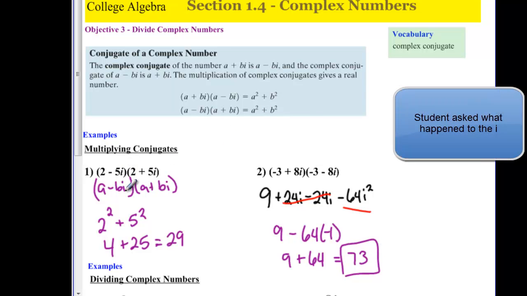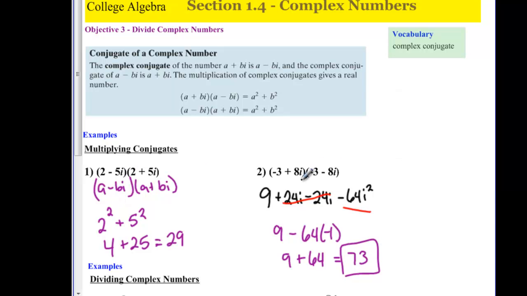So what do you do with the i's? They cancel out, just like over here. Plus and minus, right? Exactly. Over here the plus 24i minus 24i, and on the last page the plus 10i minus 10i. So the i's will cancel.